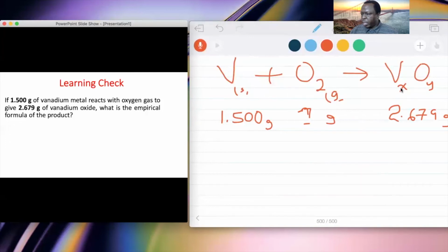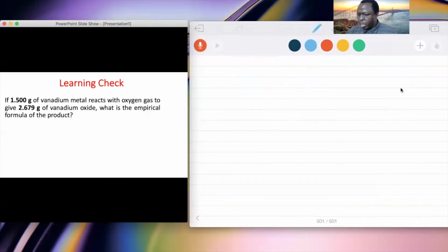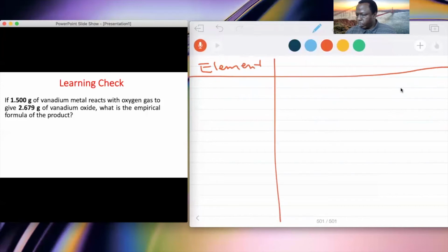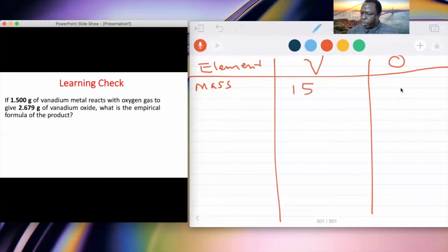In order to do that, I'll generate a table here, with the element: vanadium and oxygen. Then the mass of each element. We know vanadium is given as 1.500 grams.